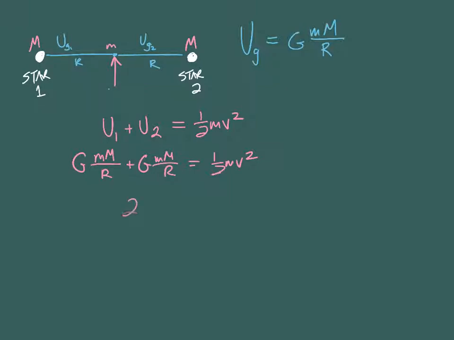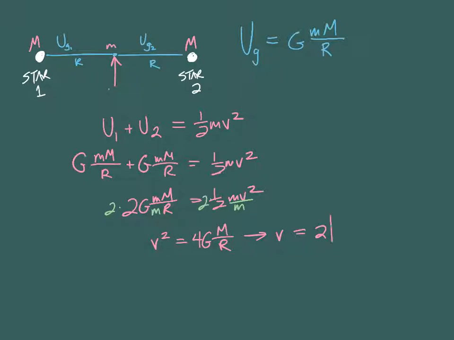So really I just have 2GMm per r is half mv squared. And so if I multiply both sides by 2, divide both sides by m, then at the end of this I get v squared equals 4GM over r, which means v is just going to be 2 times the square root of GM over r.